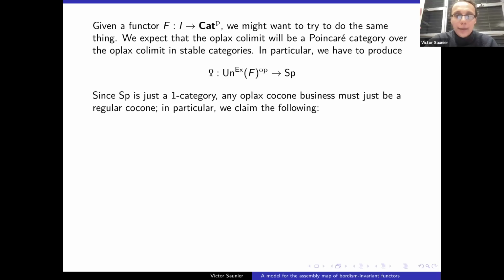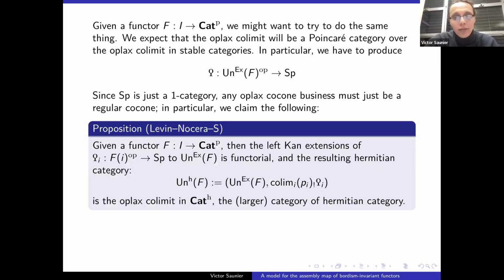There's never going to be any room for oplax things. So the only strategy you have is, okay, pick a functor to cat p. Then you have a bunch of kappas which are defined on each fiber. F of i is a stable category equipped with some kappa that I call kappa i. And what I claim is that the left Kan extension of those guys to the target, along the cocone map, is an actual functor.